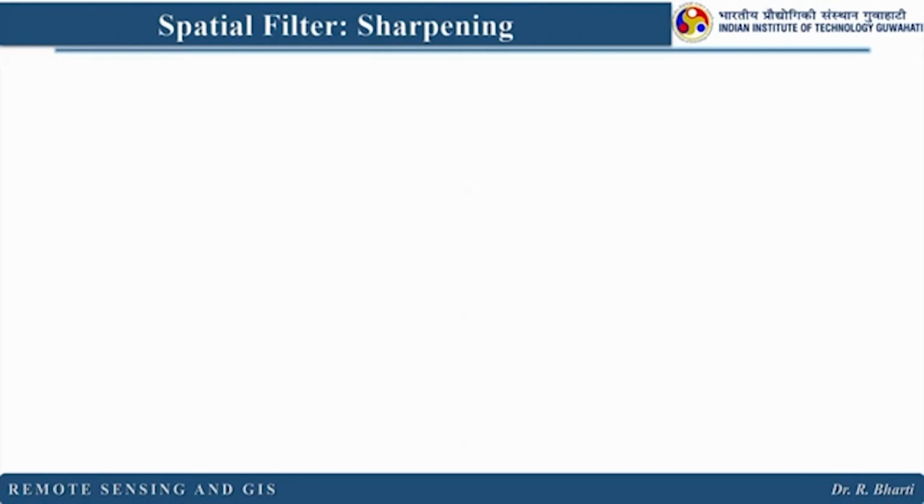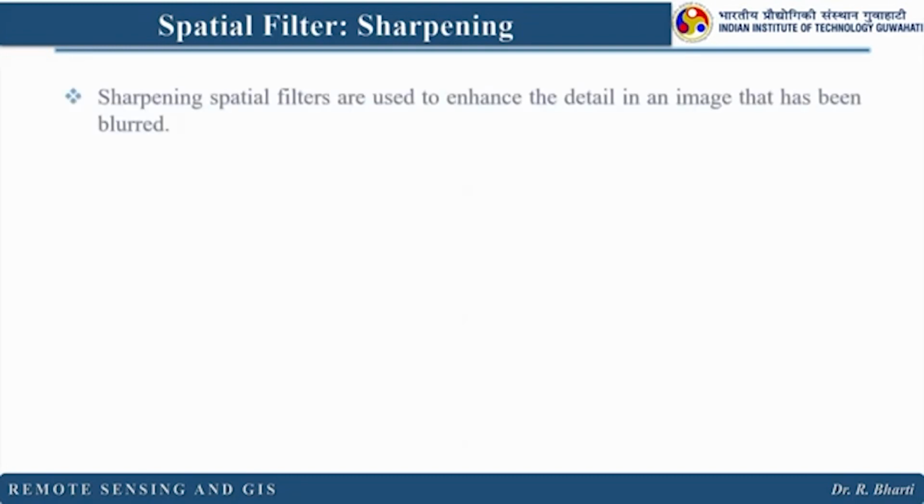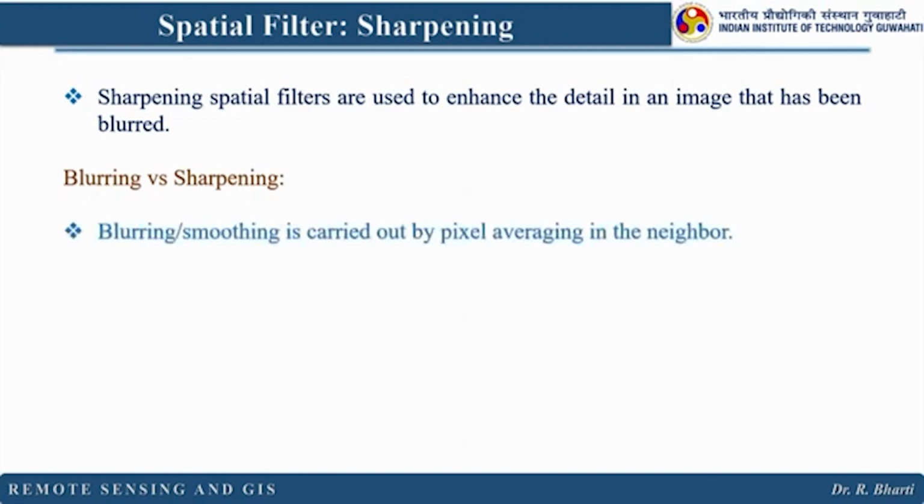There are a few different concepts, like sharpening of the image. What do you mean by sharpening? Sharpening spatial filters are used to enhance the details in an image that has been blurred during acquisition, right? You want to have very fine detail or enhanced detail of the edges. Then you will say that the image has been sharpened, right? So blurring versus sharpening, both are inversely proportional to each other.